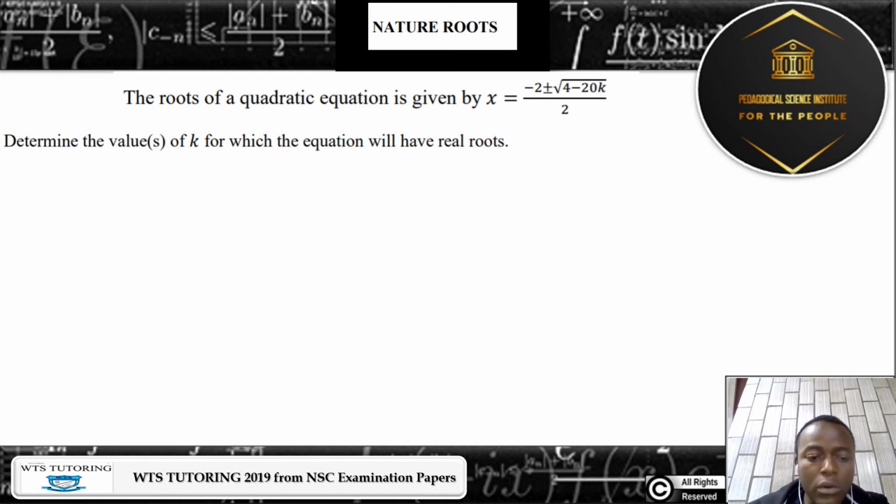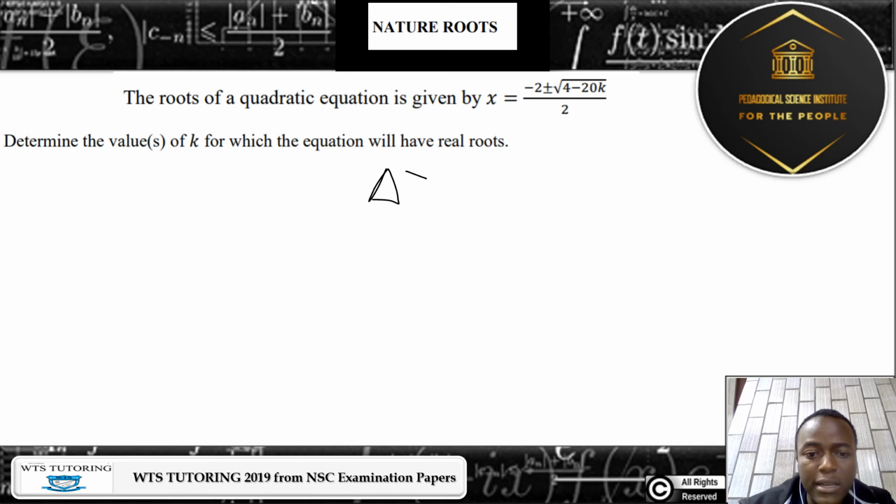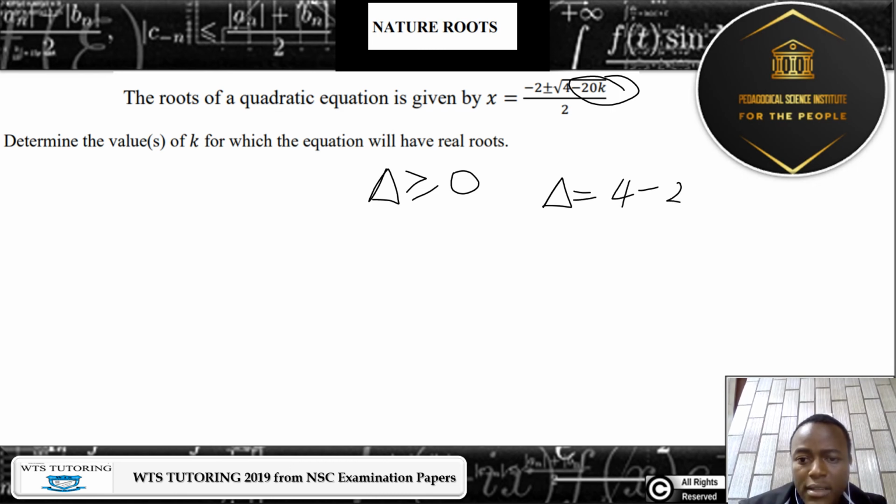So now what do you know about delta? In this case, our delta must be greater or equal to 0. That is for real roots. What is my delta? My delta is equal to b squared minus 4ac. Where can I get b squared minus 4ac? Inside the square root there. So you can see our delta is equal to 4 minus 20 multiplied by k.